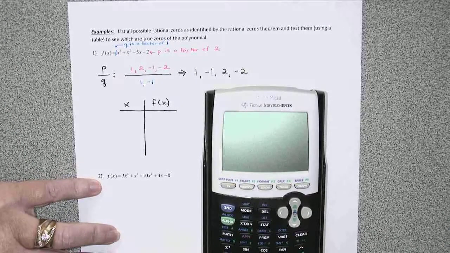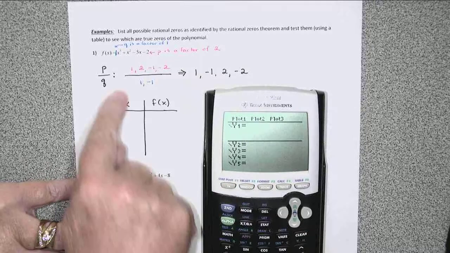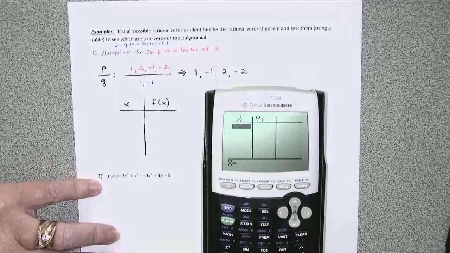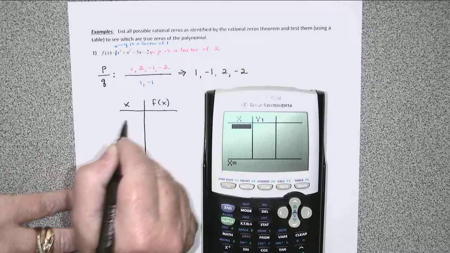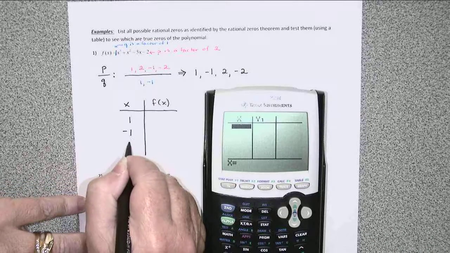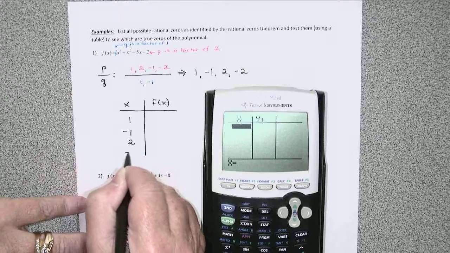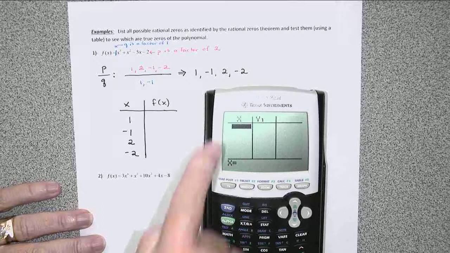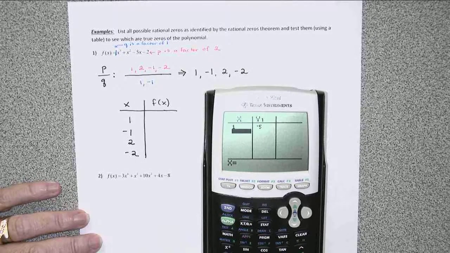I'm going to make that a little bit quicker by doing it on the calculator. In the y equals, I'm going to put in my original function. And then I'll go to my table. Again, our candidates are possible zeros, 1, -1, 2, and -2. And I'm going to put all of those in for x values.